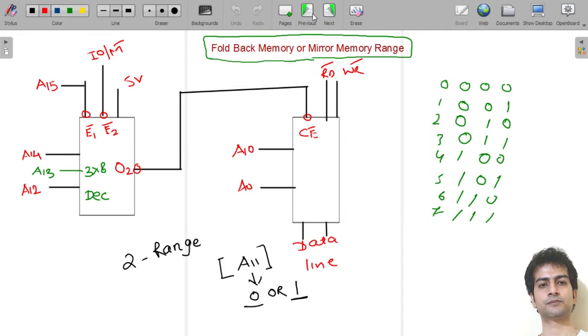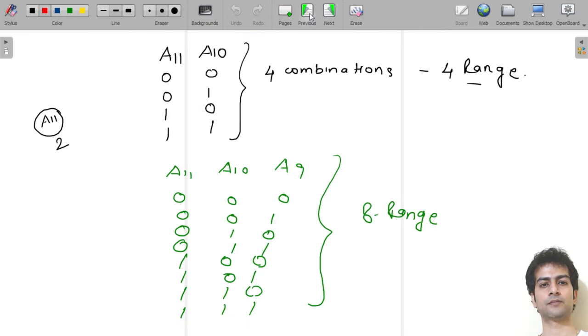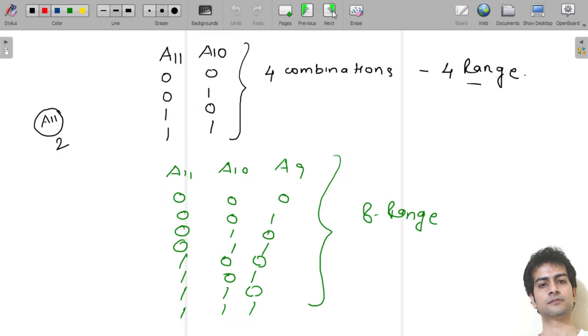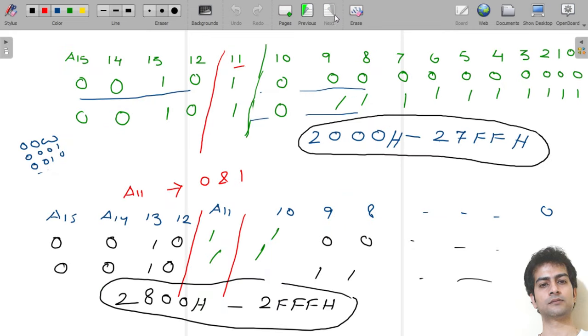Now here, this we got when A11 took value as 0, first one. So this is our main range.